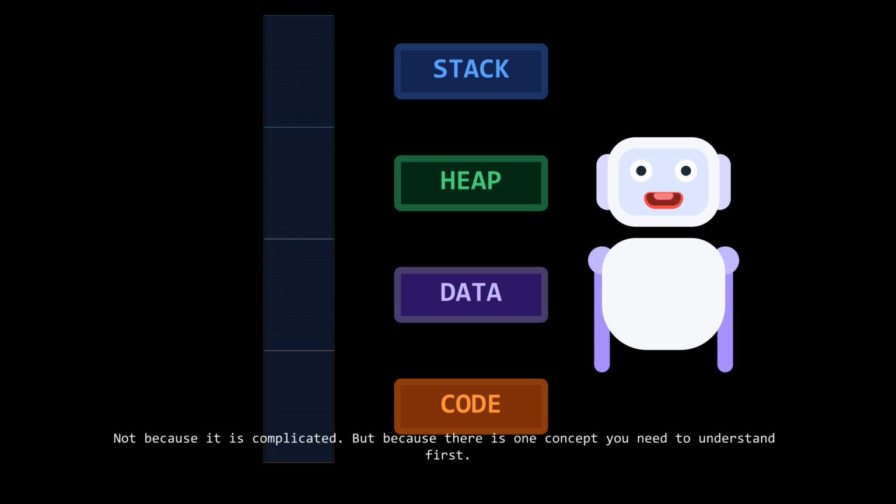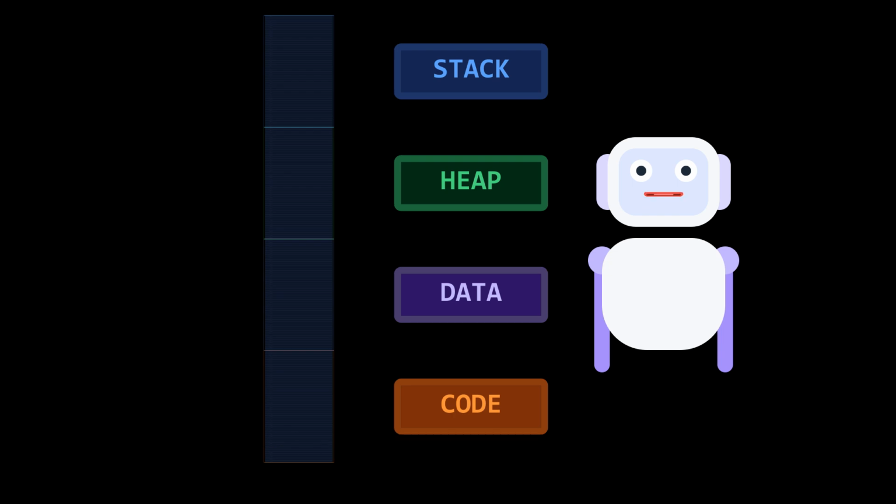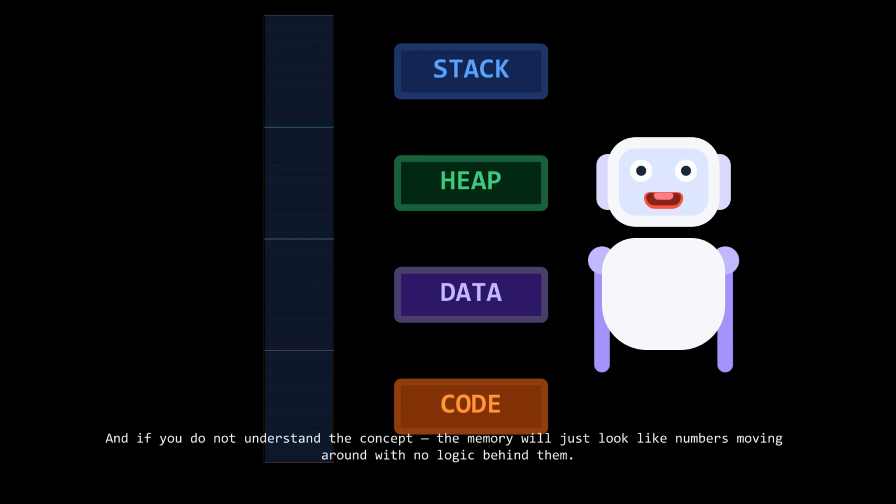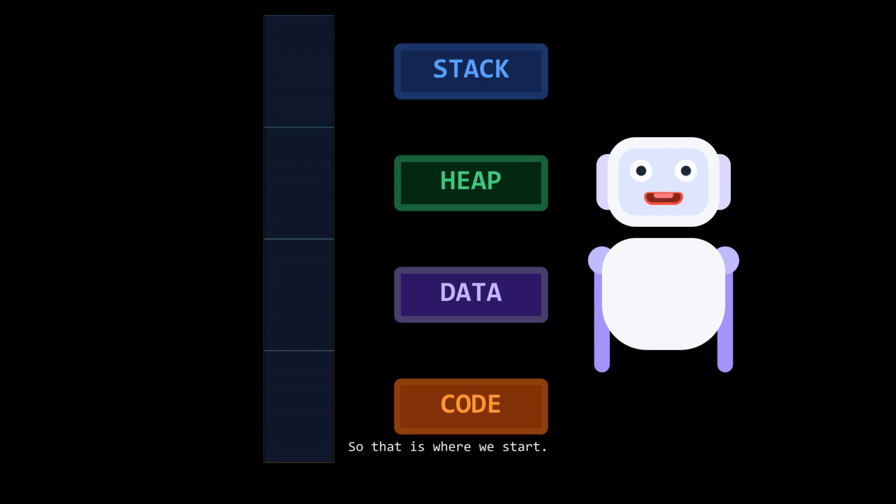Not because it is complicated, but because there is one concept you need to understand first. The stack, not the memory region, the data structure. Stack memory is named after it. It behaves exactly like it. And if you do not understand the concept, the memory will just look like numbers moving around with no logic behind them. So that is where we start.